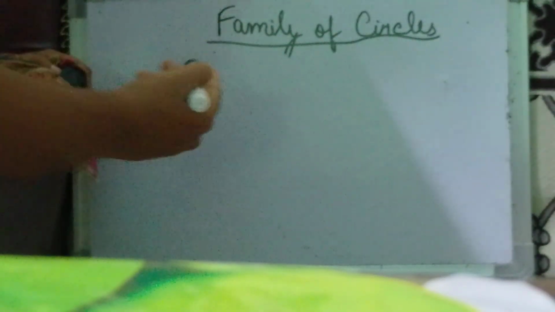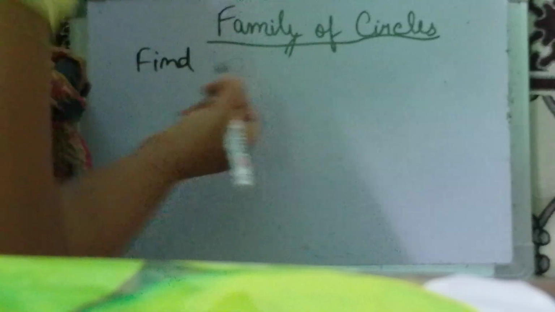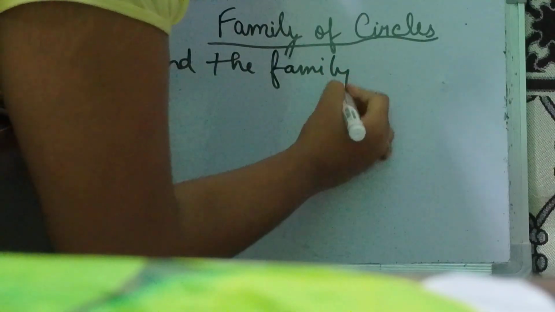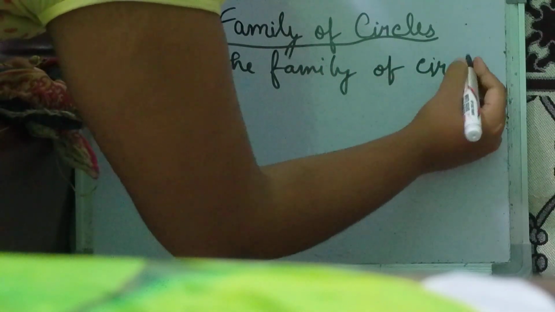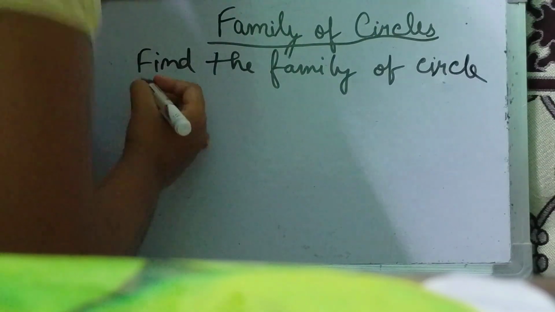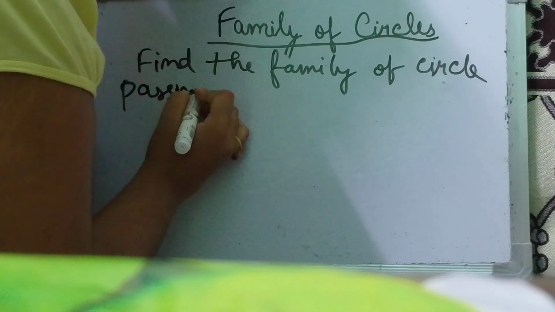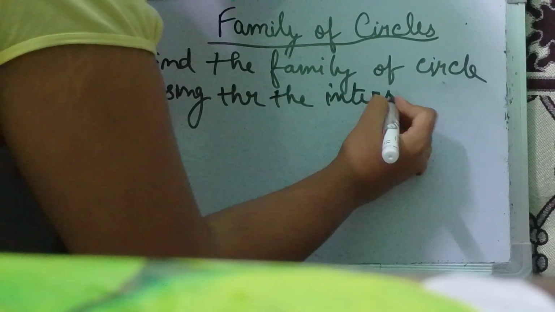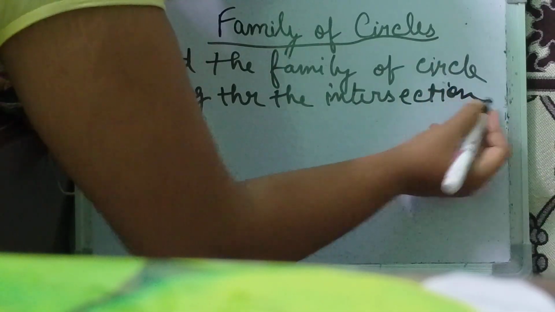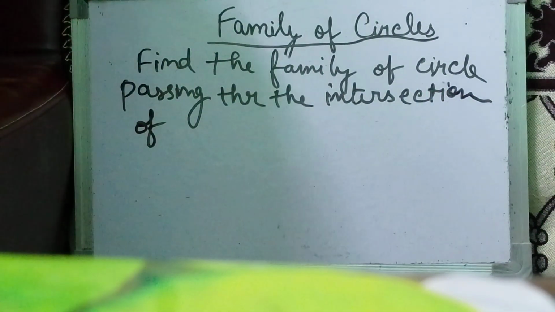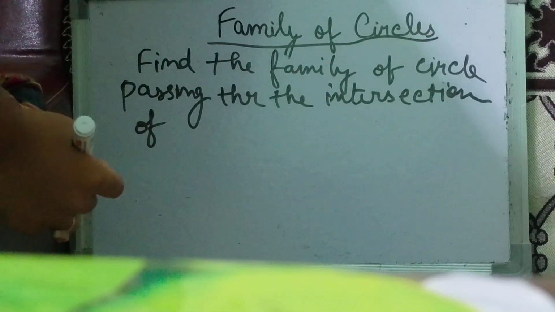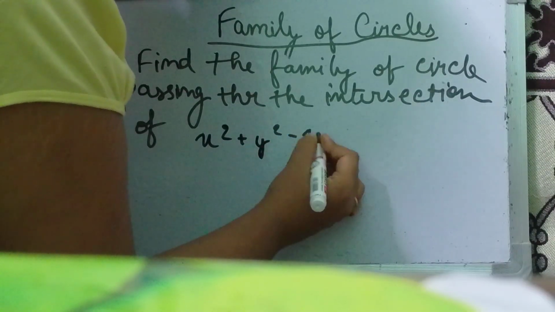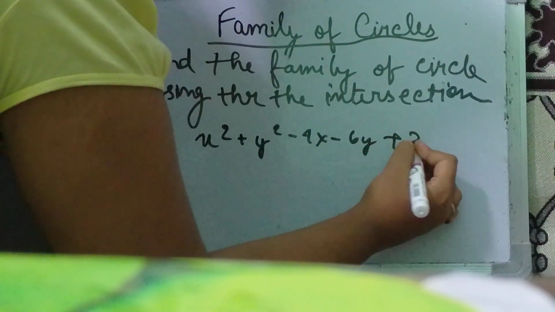So let's solve a problem. Find the family of circles passing through the intersection of x square plus y square minus 4x minus 6y plus 3 equals 0.